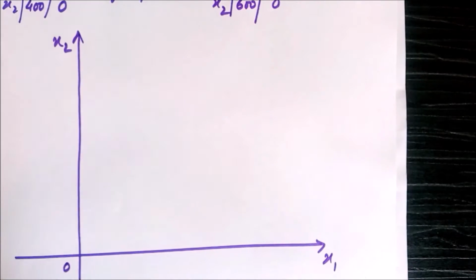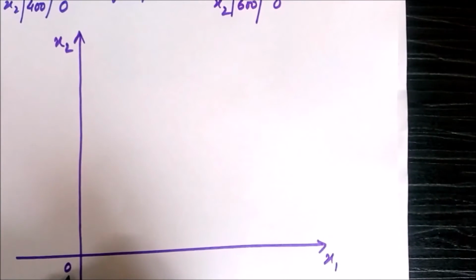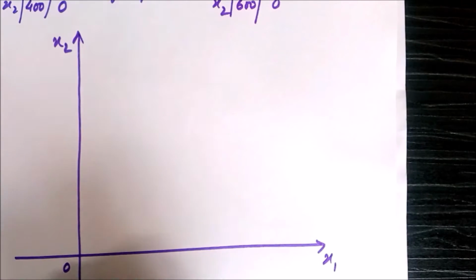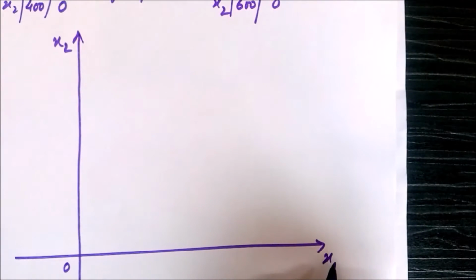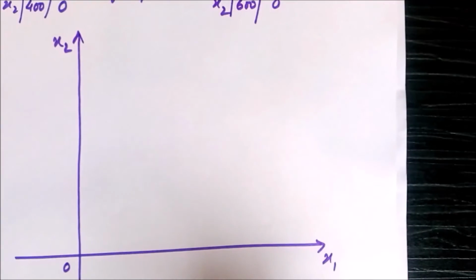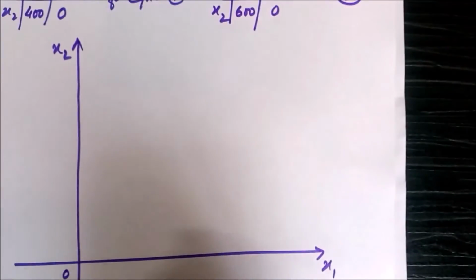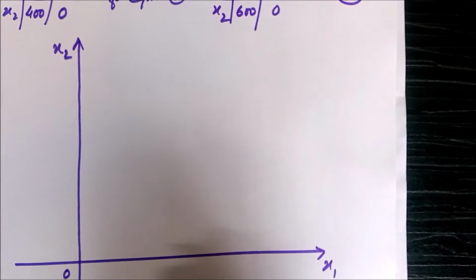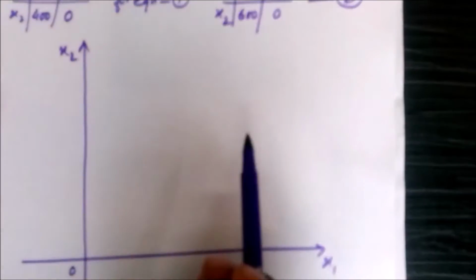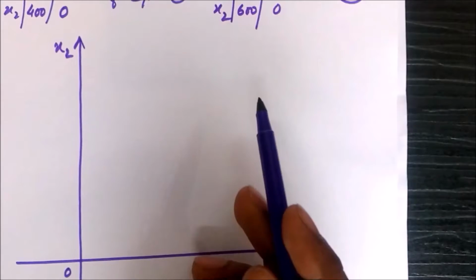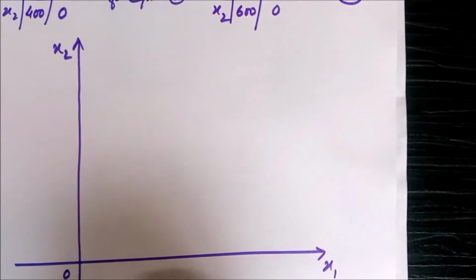This is our origin, and its coordinate is 0, 0. The x-axis is known as the abscissa and the y-axis, that is x2, is known as the ordinate. You can see we do not have any negative points, that's why I am not considering the negative values in this graph.